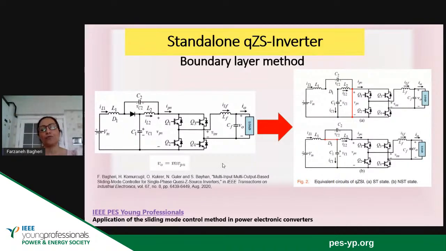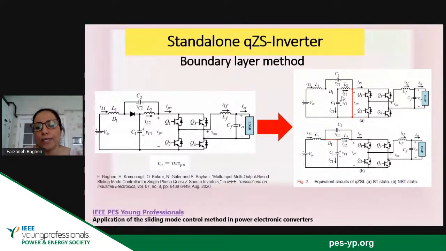But for working on the sliding mode control for such an inverter, we need two sliding functions. For the DC side, we need a sliding function, and for the AC side, we need a sliding function. In a quasi-Z source inverter, we have two situations.